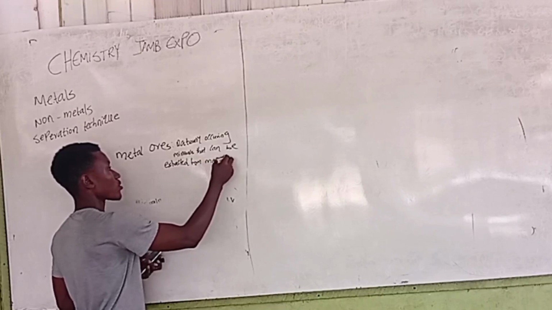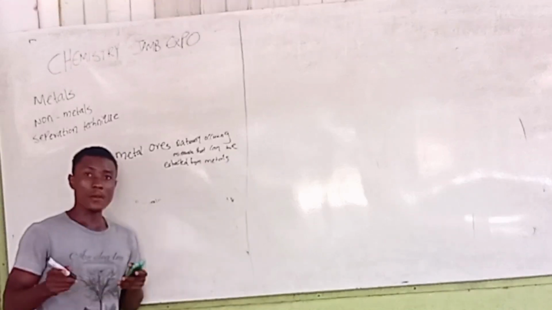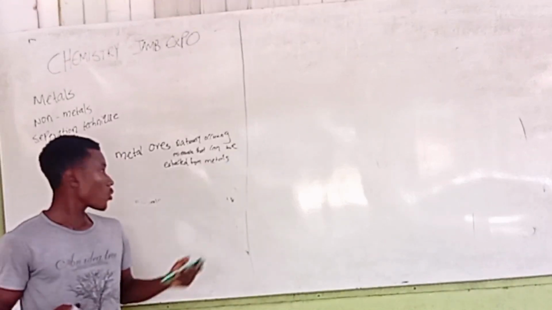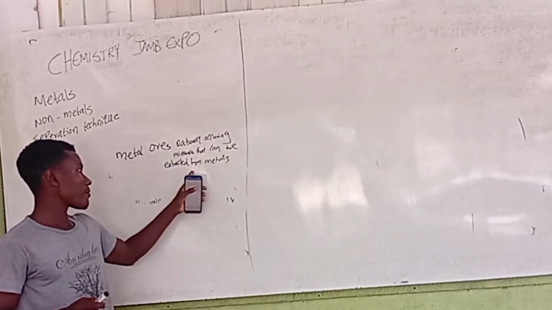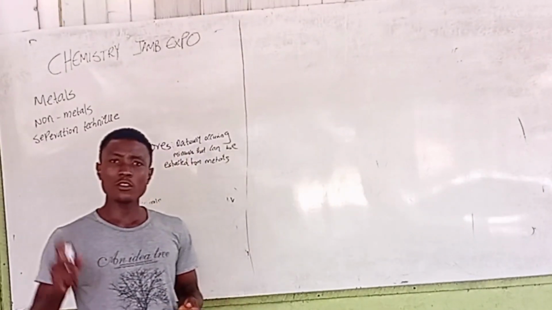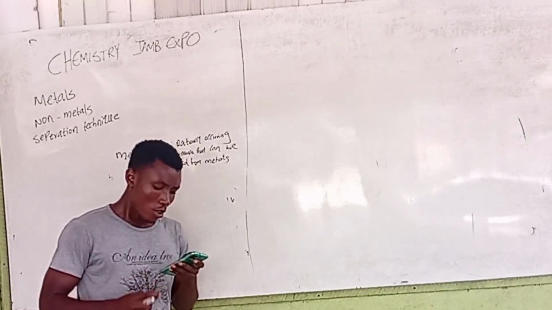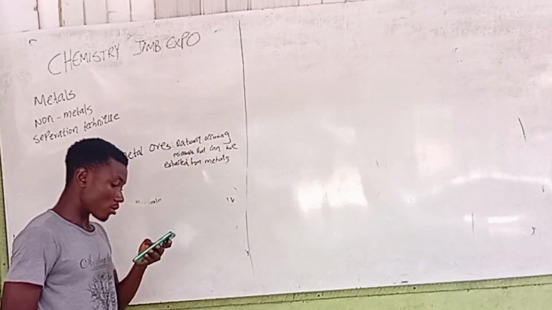That is what is known as ores. I'm putting metal ores so I can understand. So ores are naturally occurring minerals that can be extracted from metals, and they are economically valuable.